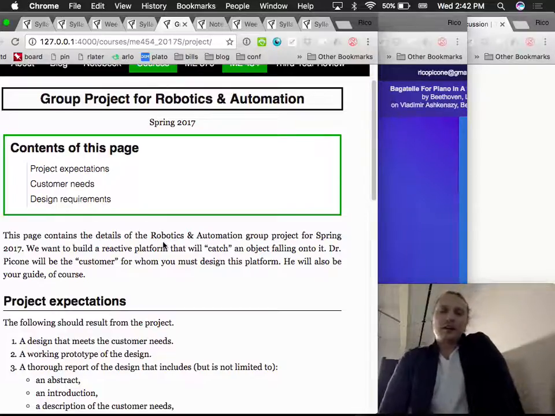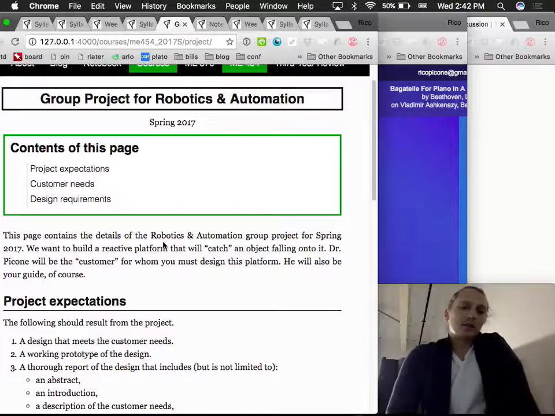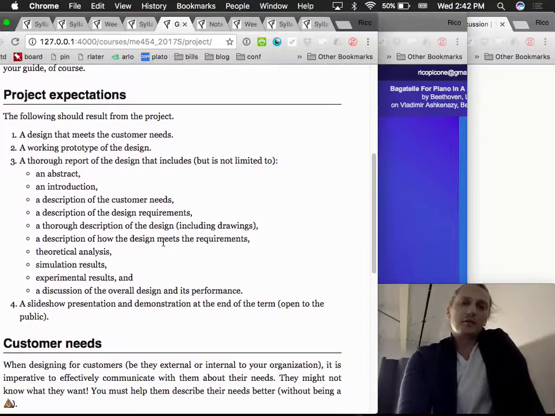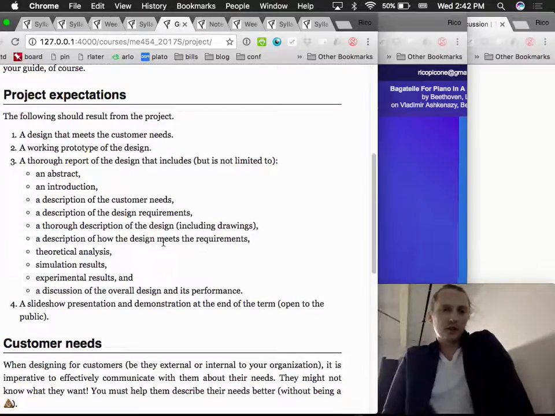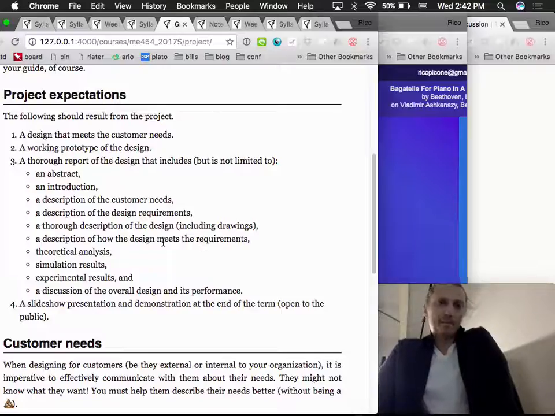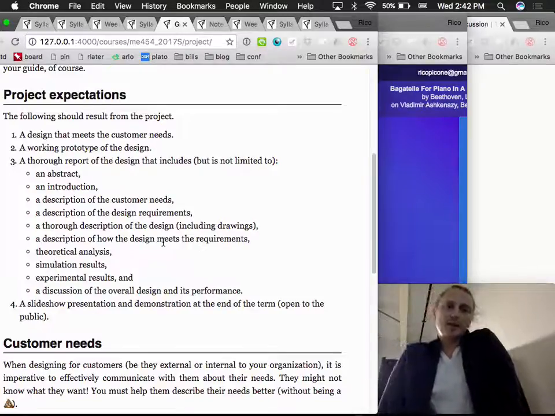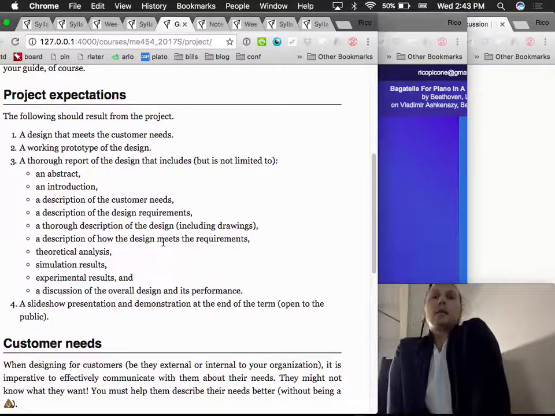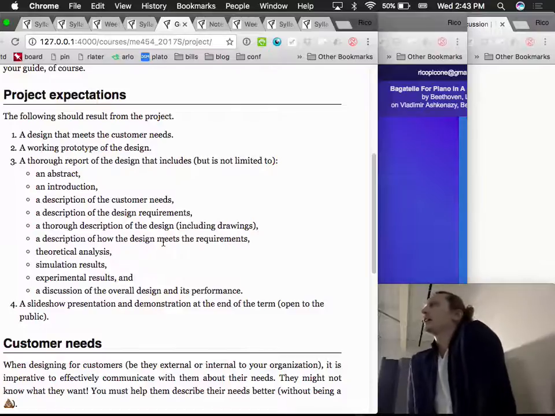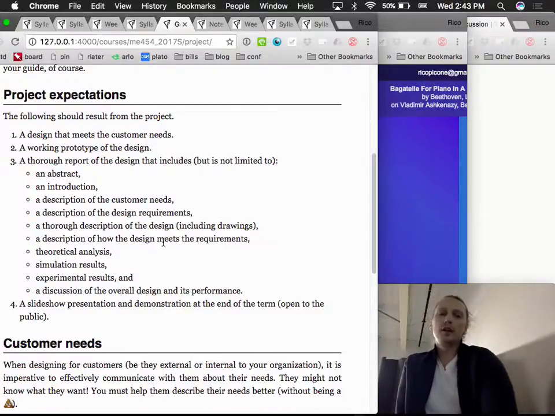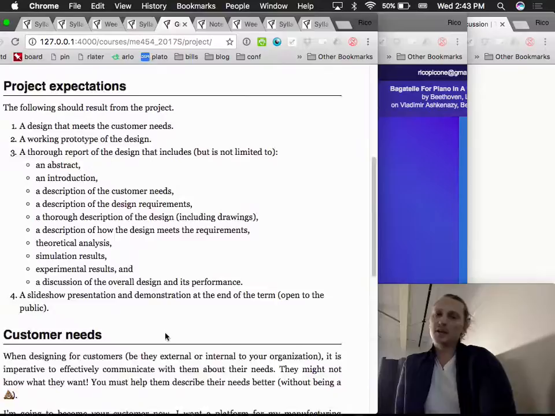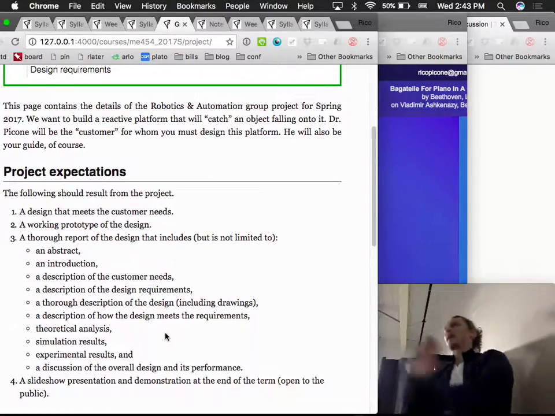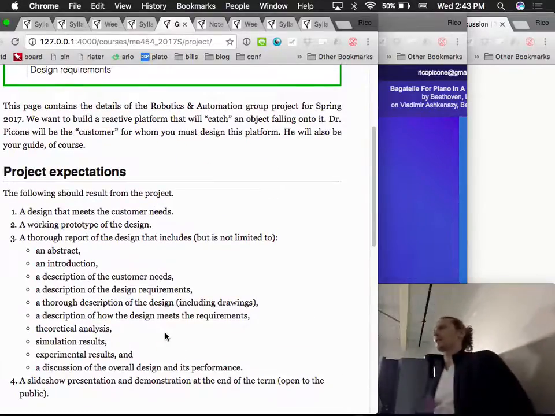I'll also be your guide, and I'll probably be the leader of the whole project. I'm going to talk about expectations, and then move on, and we'll come back to this at the end, because we need to go through the customer needs and design requirements first, and we're going to spend some time with that today.